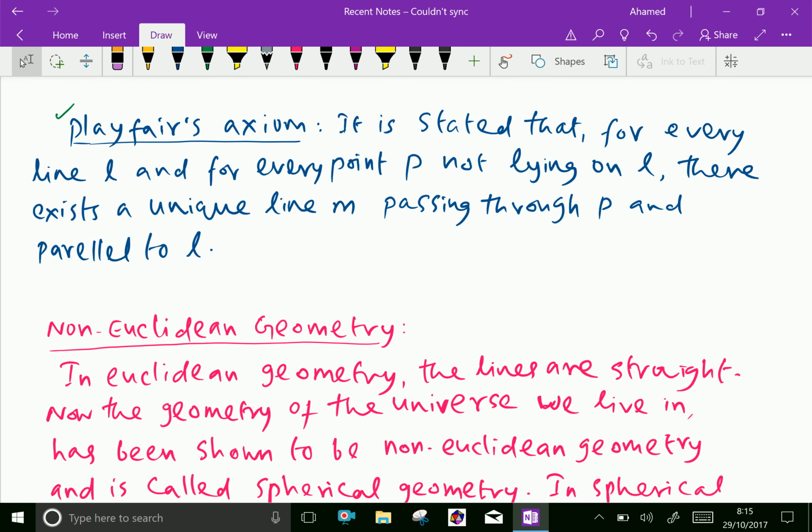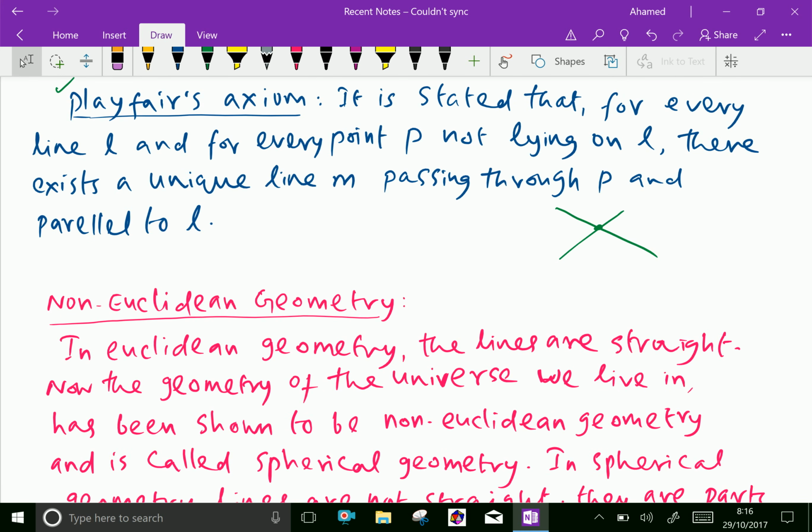It is stated that for every line L and for every point P not lying on L, there exists a unique line M passing through P and parallel to L. Here, suppose we consider a point P. Here line L is there.